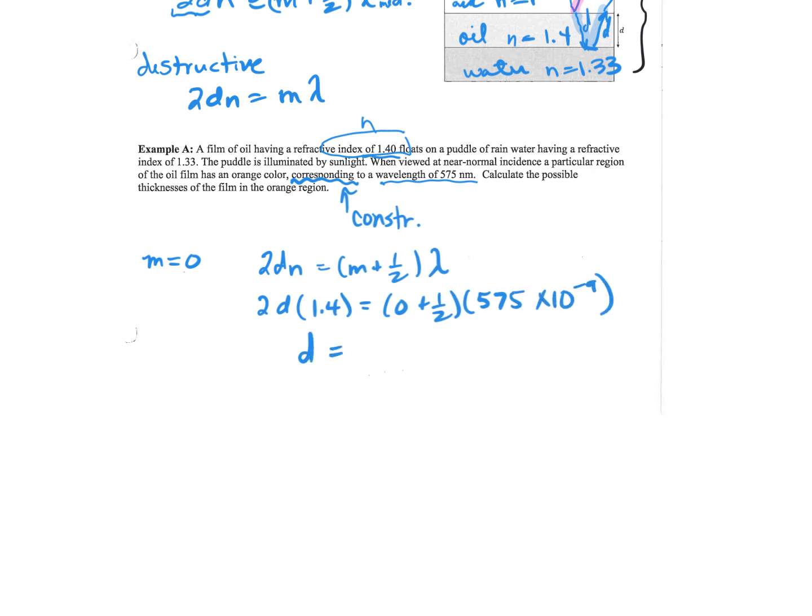If we solve for d, we get 1.03 times 10 to the negative 7th meters, which is approximately 103 nanometers thick. That would be the thinnest it could be. It could also be multiples of that: instead of 0, we could have 1, 2, 3 for m, and those would also cause the same thing to happen.